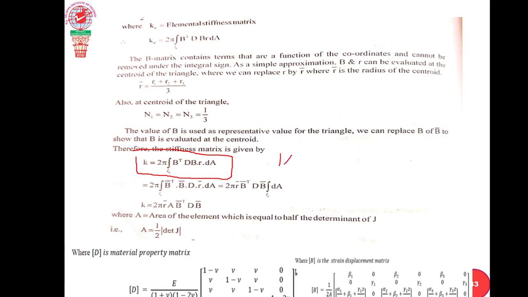Therefore k is equal to, write down, 2 pi r A into B transpose D into B.